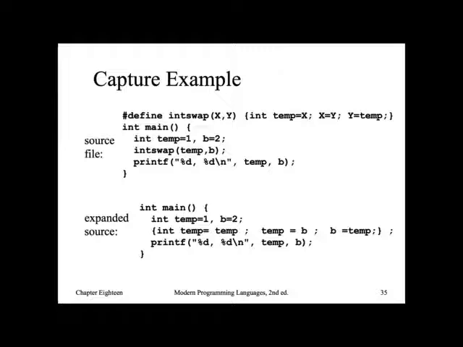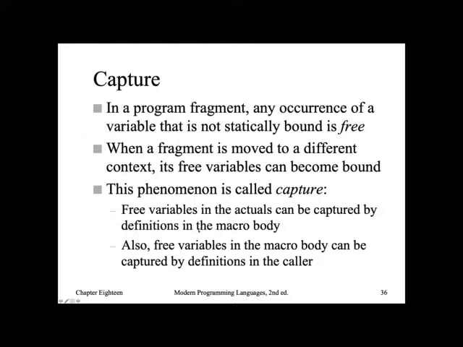I got temp equals temp, and then semicolon, x equals y, temp equals b equals temp. So I assign b to temp, and I assign temp to b. It's a mess, because this didn't make any sense, right? You get the idea. So anyway, that is called capture.